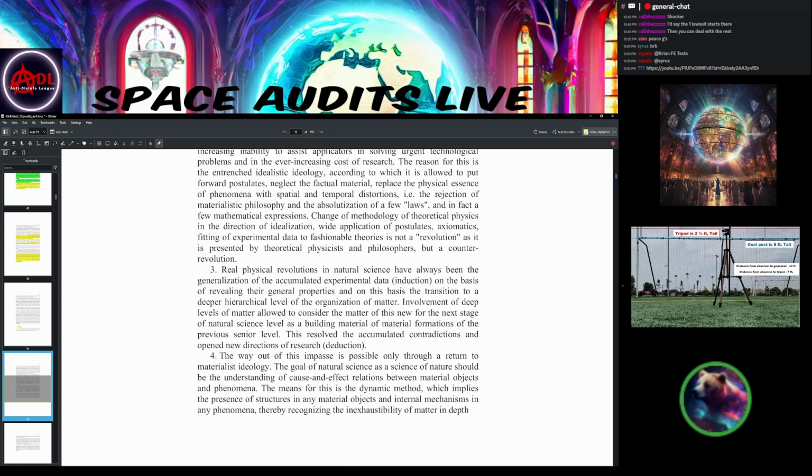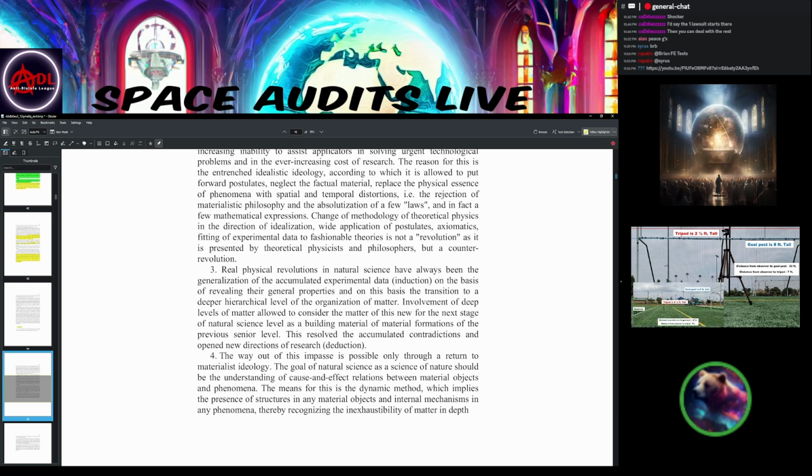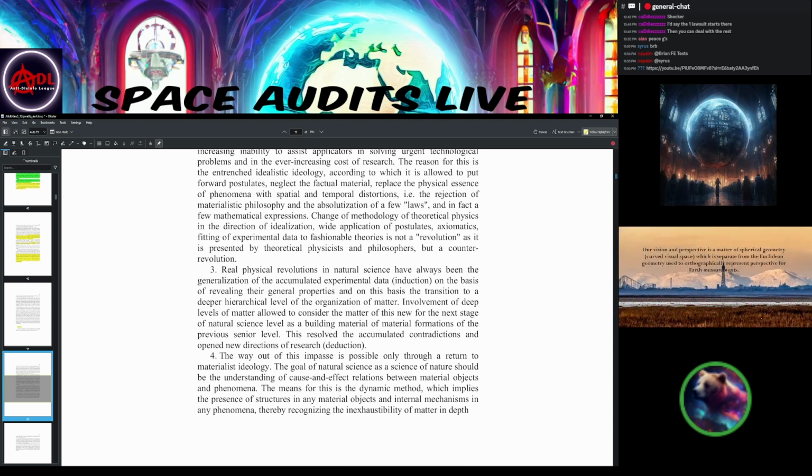3. Real physical revolutions in natural science have always been the generalization of the accumulated experimental induction on the basis of revealing their general properties and the basis of the transition to a deeper hierarchical level of the understanding of the organization of matter.